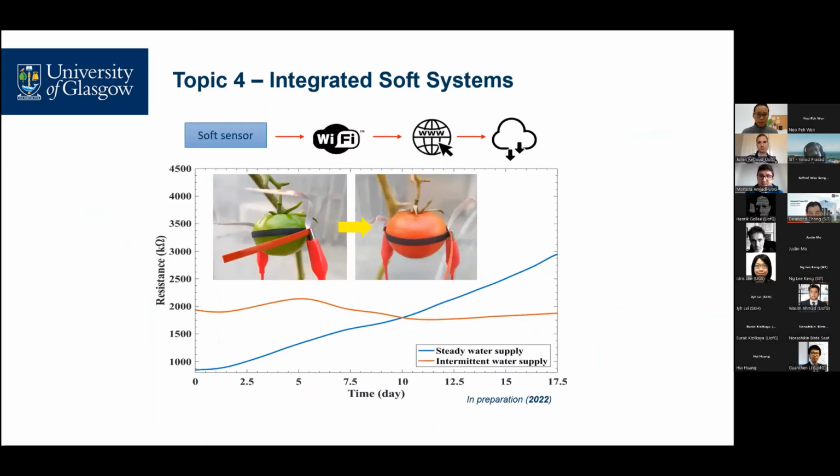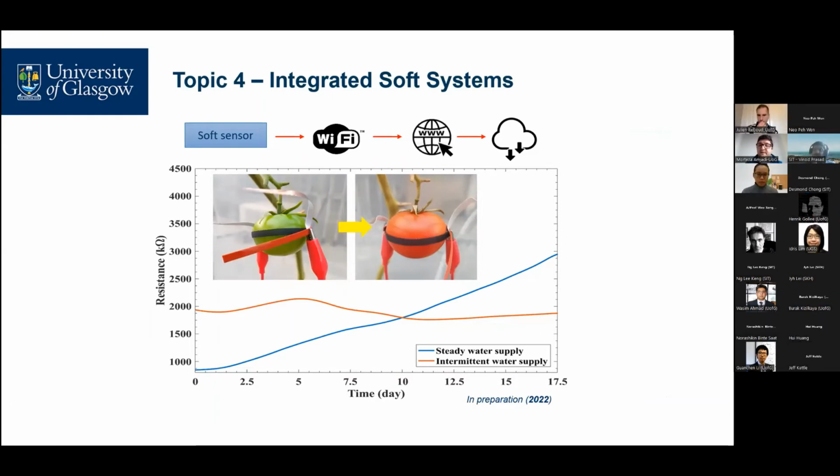And another example of an integrated soft system. Here we use soft sensors, we integrated them with Wi-Fi, and we used the internet to store the data in a cloud-based system. Here we put a sensor on a tomato, and we monitor the growth of the tomato over 17 days.